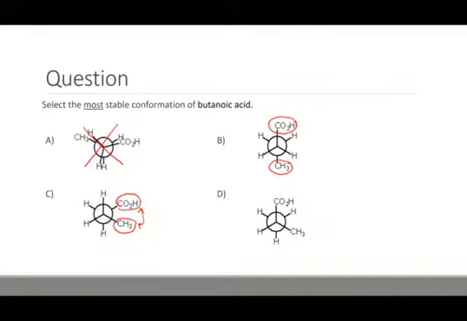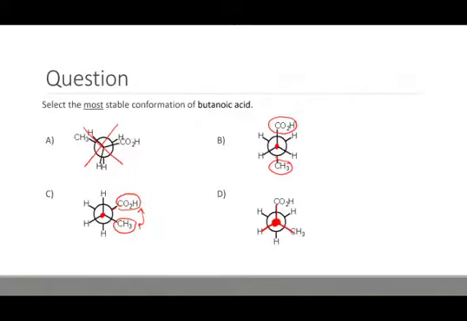Our CO2H group and our methyl group are actually connected on the same carbon. Notice here, they're connected to the carbon in the front, whereas here, the methyl group is connected to the front carbon, but the CO2H group is connected to the back carbon. And here, the methyl group is connected to the back carbon, and the CO2H group is connected to the front carbon.